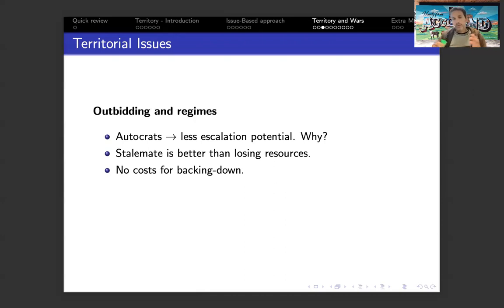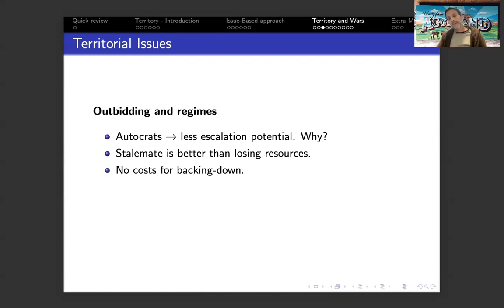Now, when two autocrats face a dispute over territory, the likelihood that they will escalate into a full-blown war is much lower, because they are reluctant to take the risk and lose resources because of a conflict. So they would prefer that the solution will be a stalemate over that territory, and they will try to solve their dispute by focusing on other goods and not territory, right?